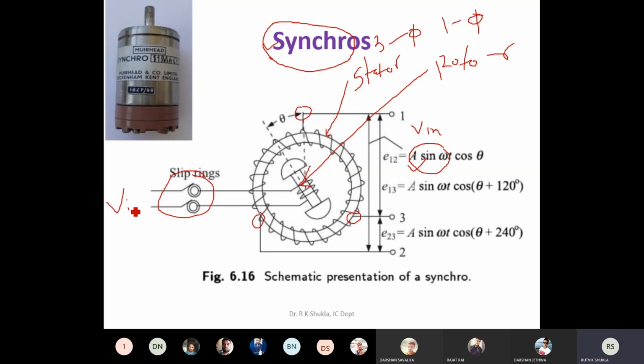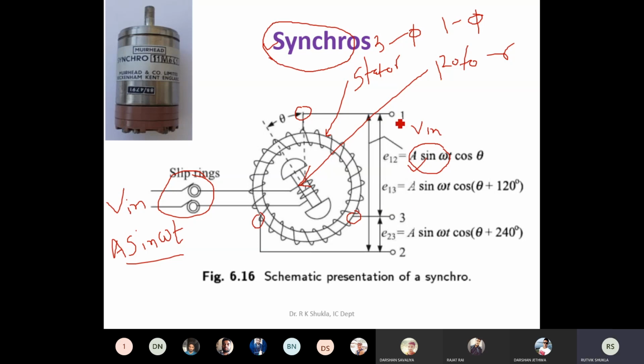Here whatever V input you are giving, it is A sin omega t. This is your input. So this output which you are getting between 1 and 2, it is E12, which is nothing but V in cos theta.